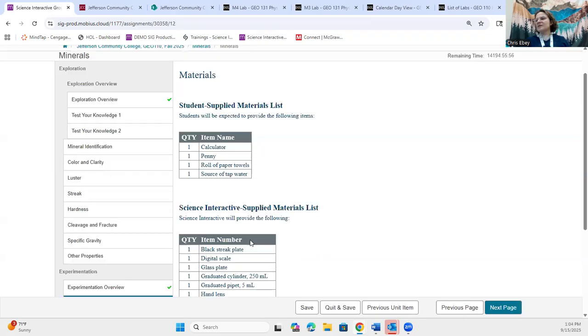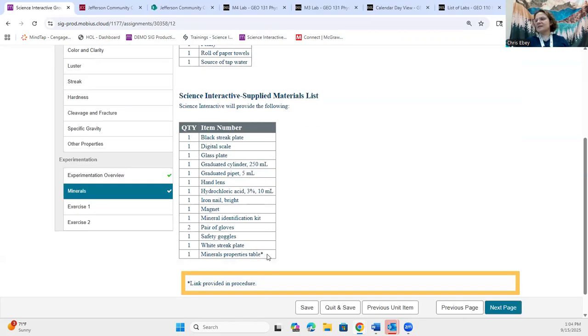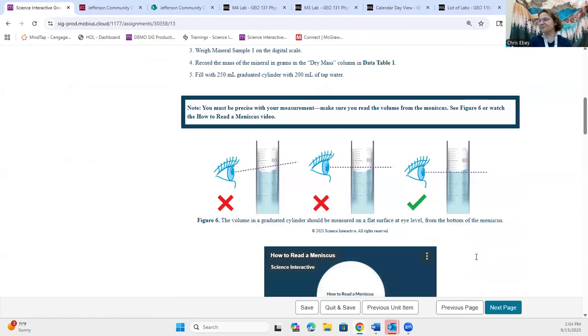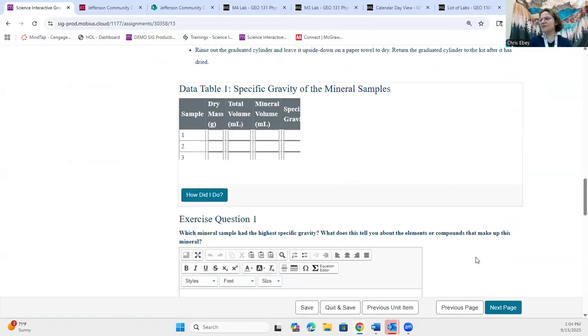So we go into your supply list, and it says that there is a minerals property table embedded in the lab. Now, then we go to exercise 1. It explains how to measure it and all that kind of good stuff. And then all of a sudden you get down to data table 1 and data table 1 doesn't exist. I wrote Science Interactive about this a while ago.